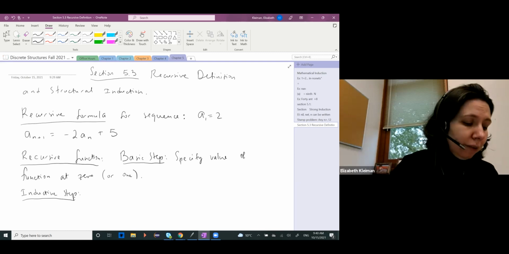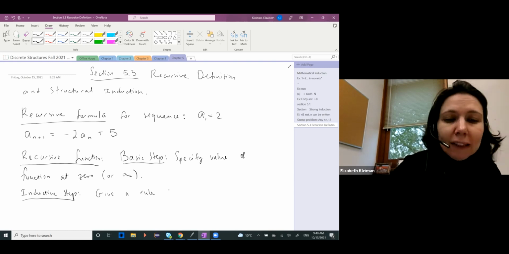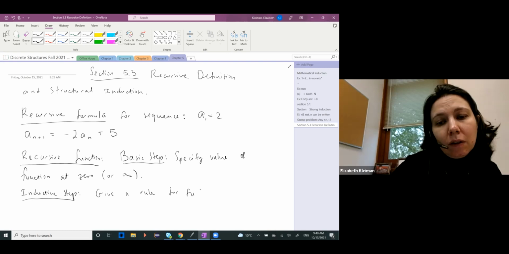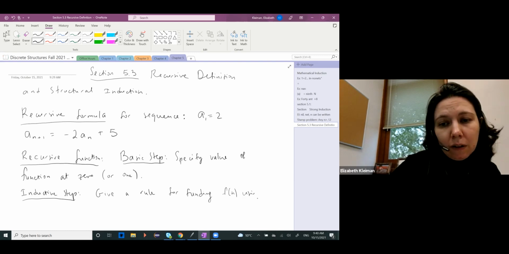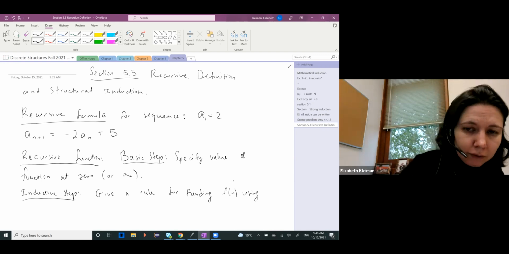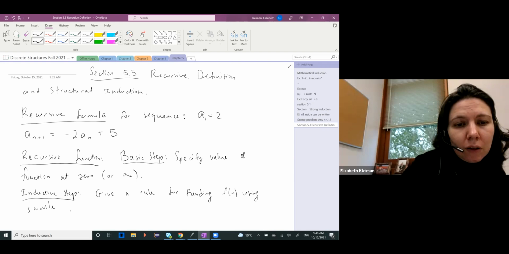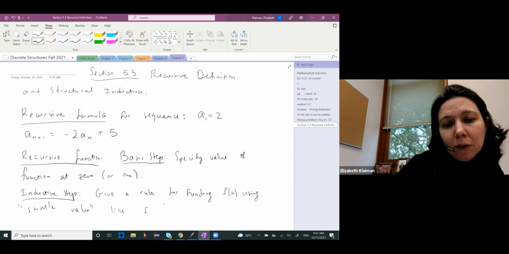When you define the recursive function, you give a rule for finding its value using a smaller value, like f of n minus 1 or f of n minus k.